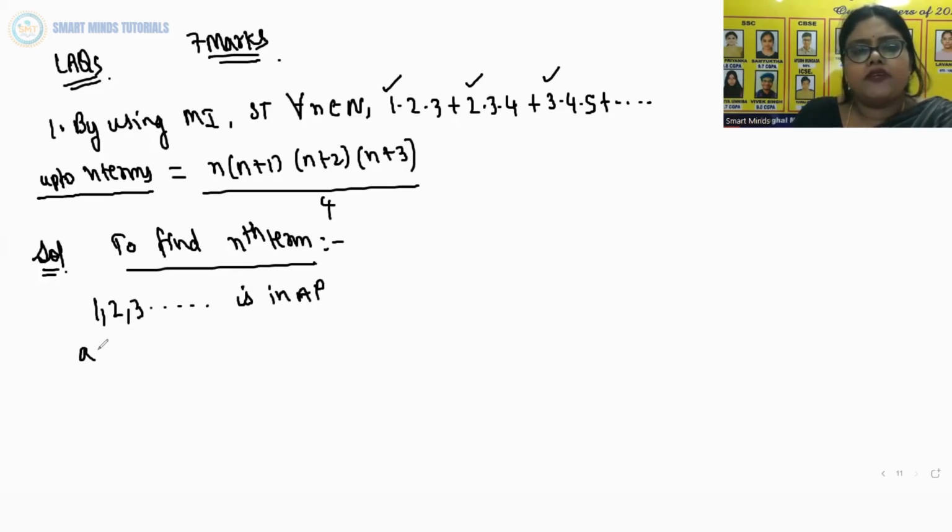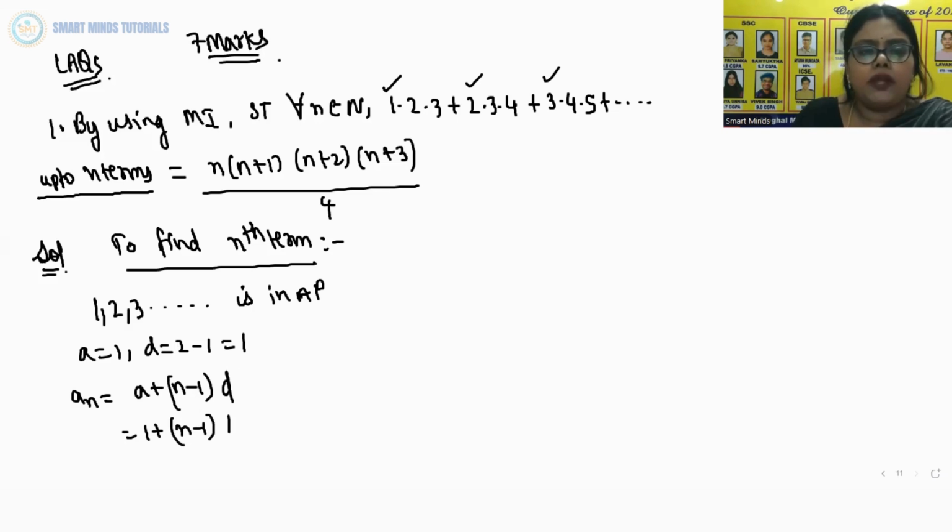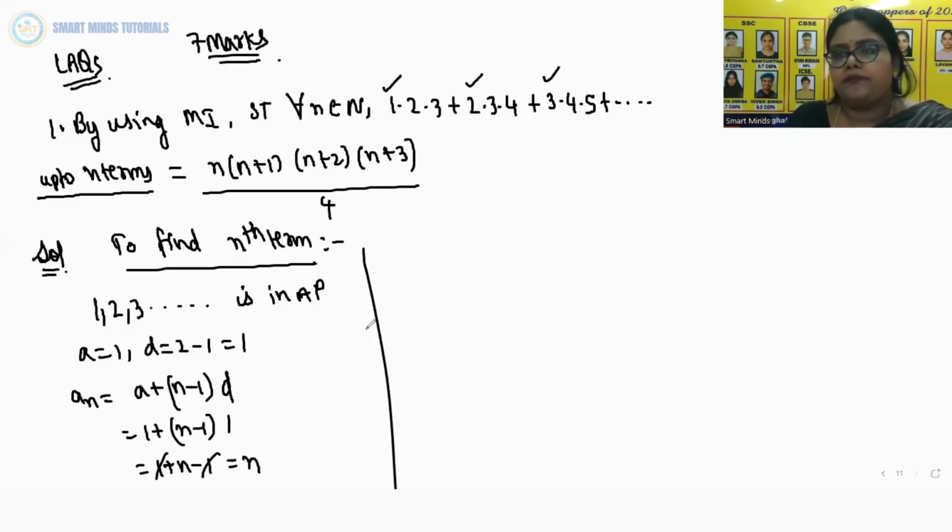So A is the first term. D is the common difference, that is 2 minus 1 is 1. Now what is the nth term here? A plus n minus 1 into D. So that is 1 plus n minus 1 into 1. That is 1 plus n minus 1. Plus 1 minus 1 cancel, that is n. You got the nth term for the first number.